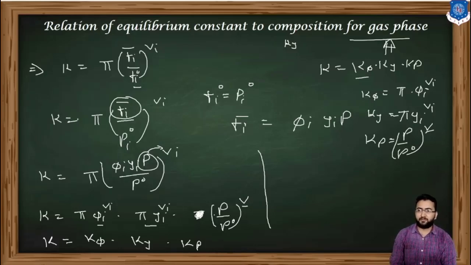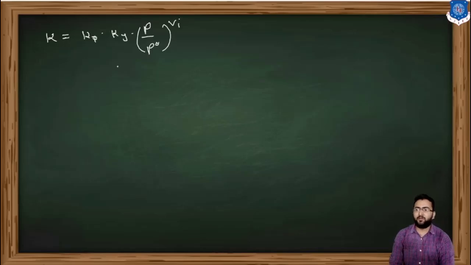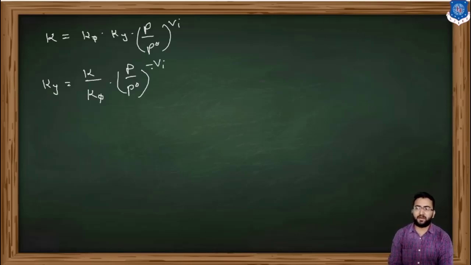So this is the equation for the equilibrium constant in relation to composition for real gas. But the more generalized form of this equation may be written as K equal to K phi into Ky into P upon P naught, whole raised to v. Now, if I rearrange this equation in terms of the equilibrium conversion, it becomes Ky equal to K upon K phi into P upon P naught, whole raised to minus v. Why are we taking the minus power?